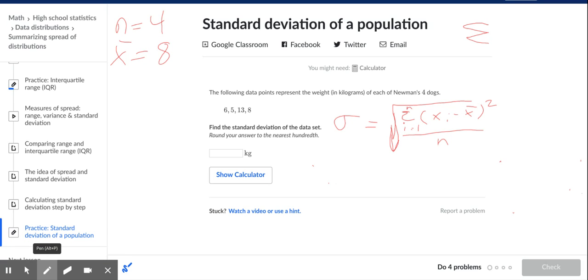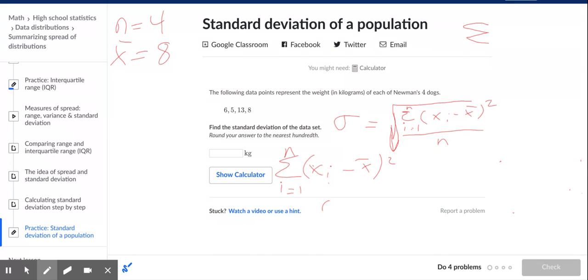Now let's do the x_i minus x bar squared part, and we're going to do the sum, i equals 1 to n. The first one, x1, is 6.